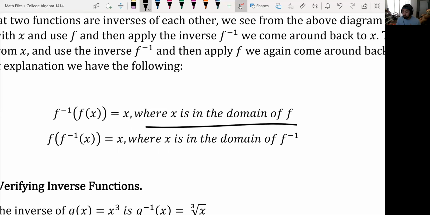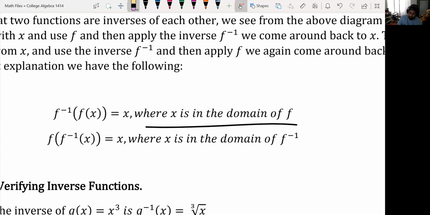And of course, since we're dealing with a composition, the inverse would have to take the domain of the original function, because that's how compositions work, right? So whenever f inverse composes with f, f inverse has to abide by the domain of f.